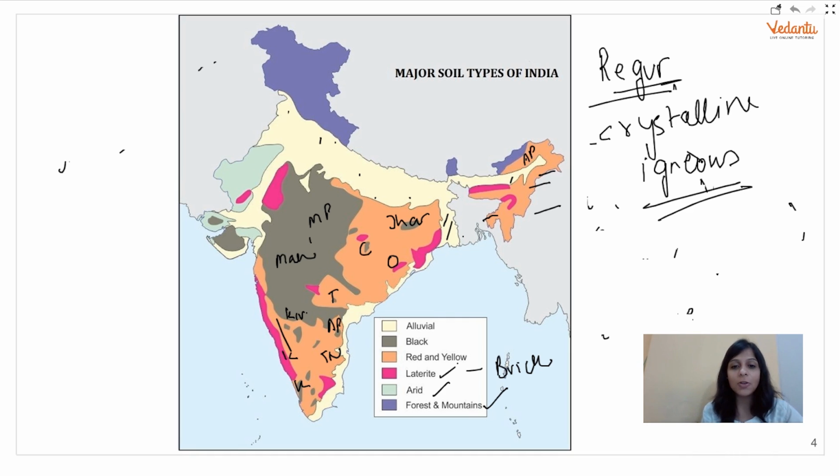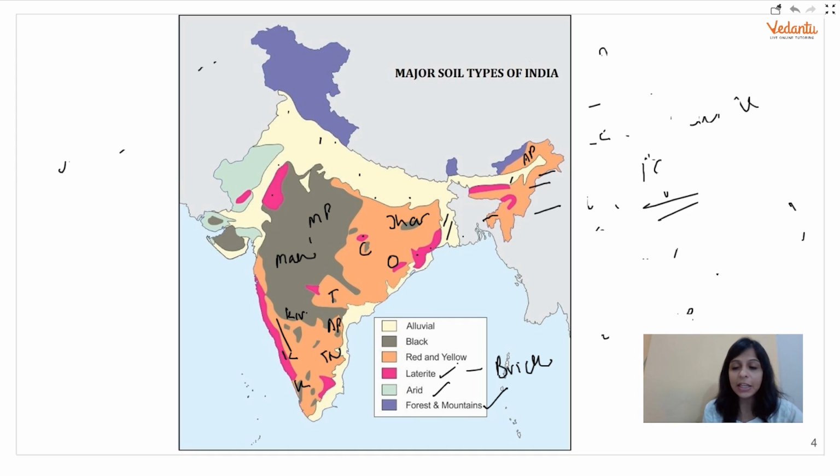Moving on to laterite soil, you can see them in patches right here. Laterite soils are basically deficient in plant nutrients, and they occur mostly in southern states, for example the Western Ghat region of Maharashtra, Odisha, some parts of West Bengal, and even northeastern states.